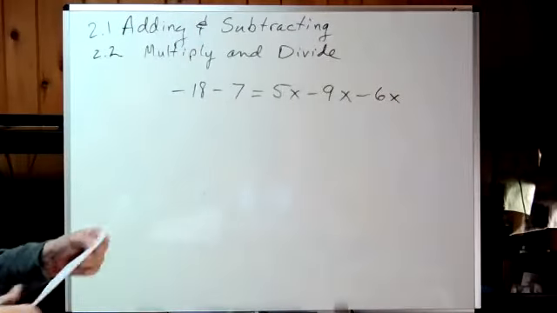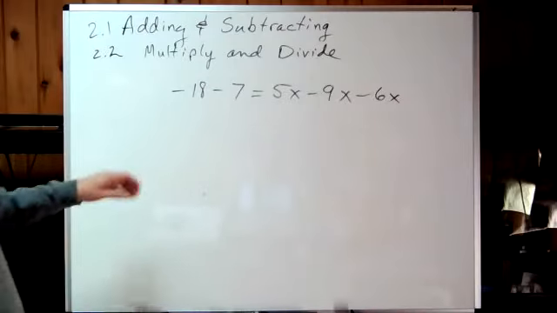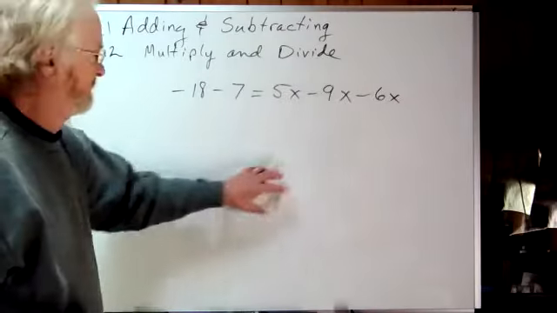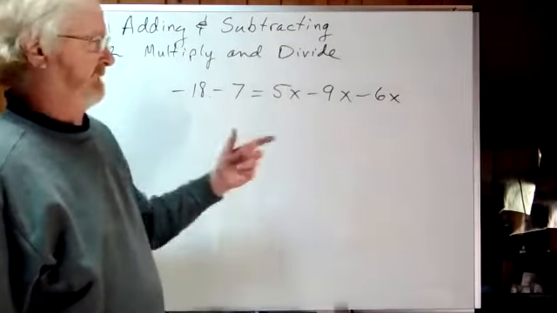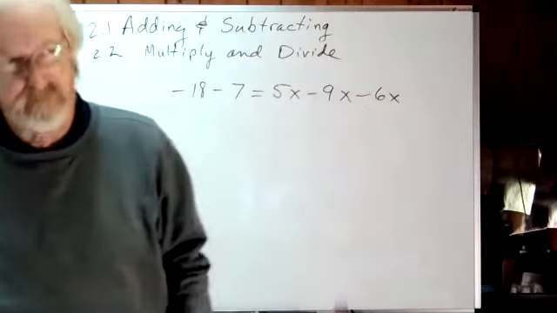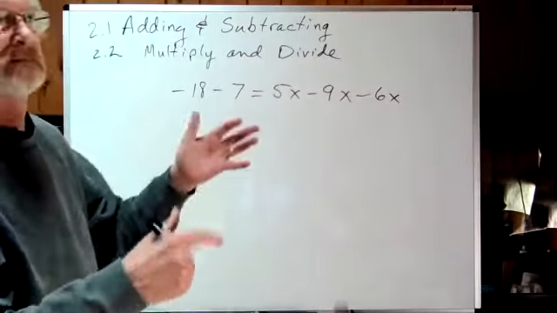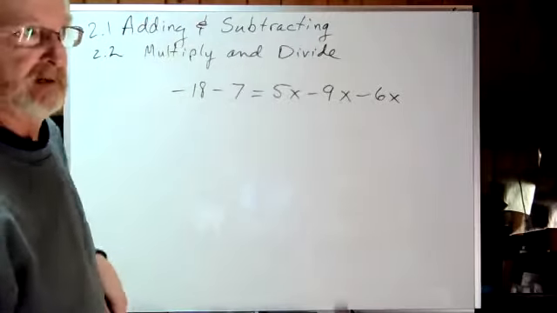Okay. If we put these constants together, like terms, and we put all those variable expressions together, like terms, then we get something we can do one of our add, subtract, multiply, or divide operations to.